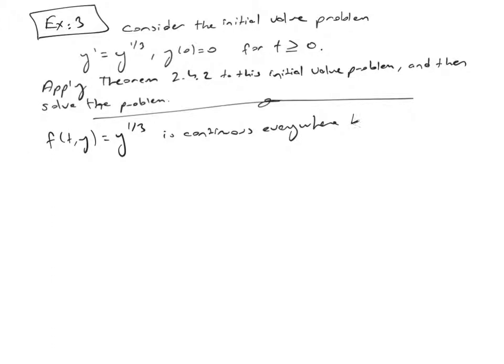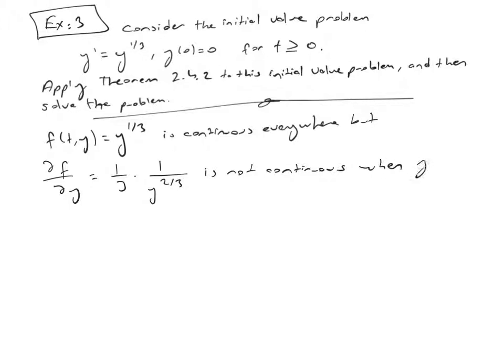But df over dy is equal to 1 over 3 times 1 over y to the 2 over 3, which is not continuous when y is equal to 0.